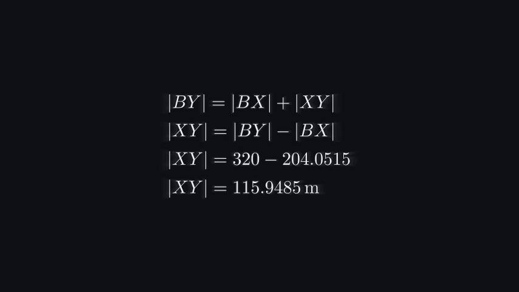Length of XY equals 115.9485 meters. Length of MW equals length of XY equals 115.9485 meters.